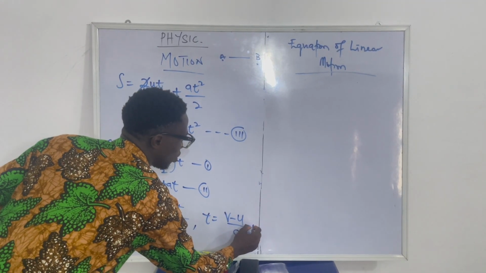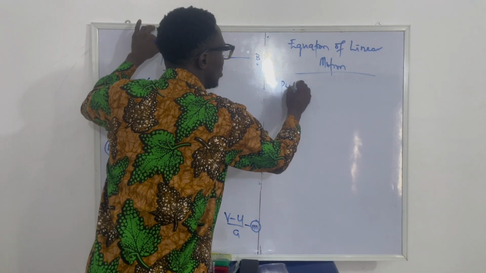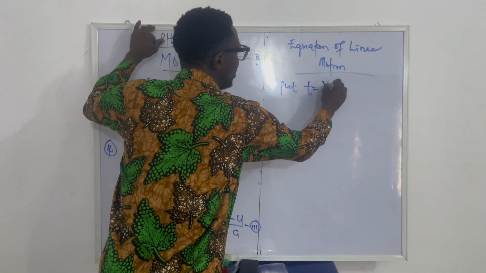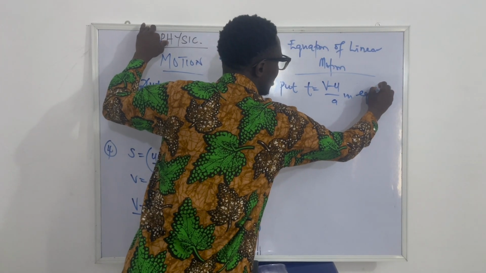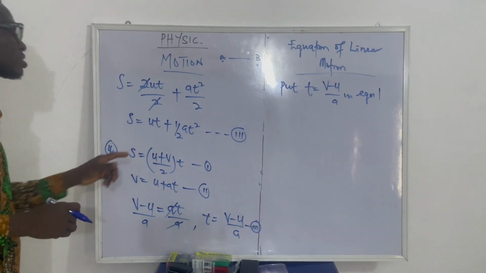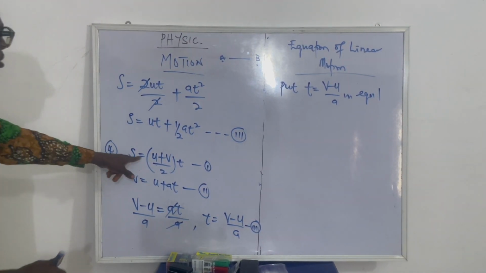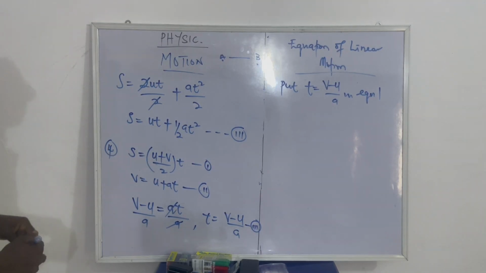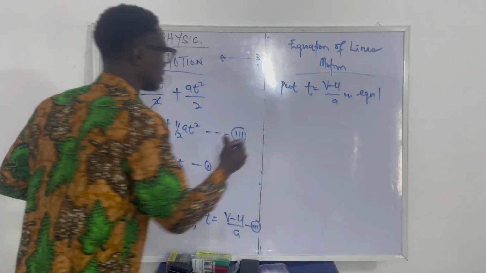So here is what? Equation 3. So we can say put t equals to v minus u over a in equation 1. So anywhere you see t, you put what? V minus u. Now, this u plus v can be written as v plus u, nothing changes.